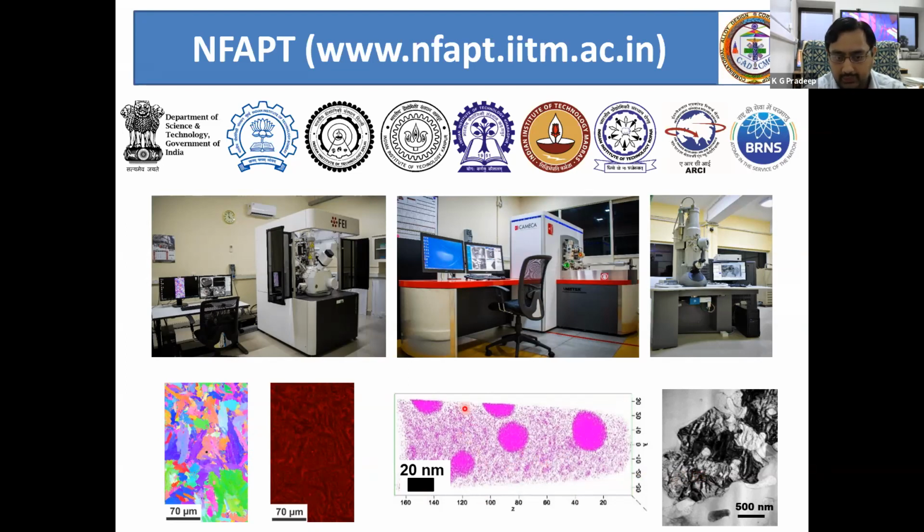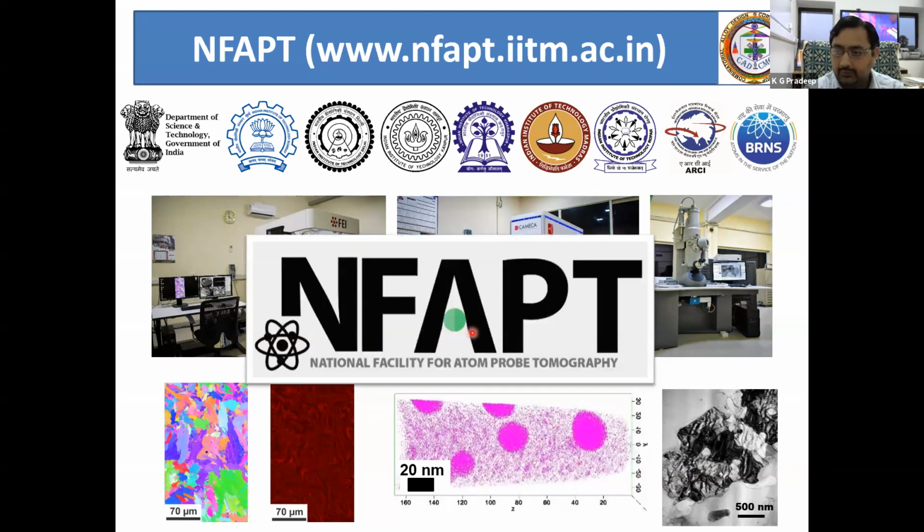As you see here, you can see individual atoms in a matrix, as well as atoms being clustered in a well-defined shape and morphology, of varying sizes. All of these we'll be able to resolve and try to figure out what kind of ordering is taking place, or whether it's just random solute clustering. All of this comes under the umbrella of the National Facility for Atom Probe Tomography, and you can get more details from this link.